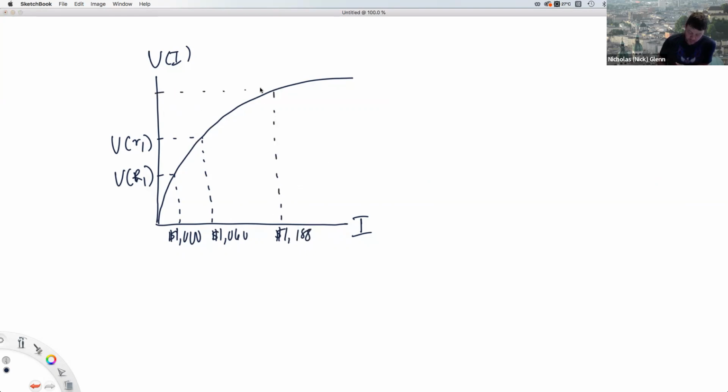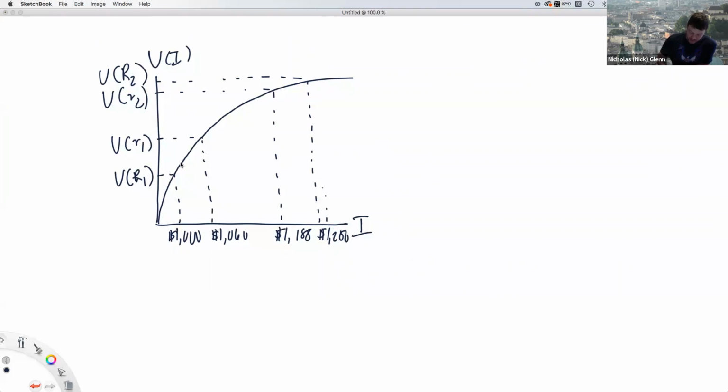Well, this is for people who deposit with the bank that are patient. They wait and withdraw their money at time period 2. This is what they get, 1,188. 1,250. Well, this is what people get if they invest directly with the investment and they let it fully mature. That's the return, big R2. All right, so why do these risk-averse individuals choose to use the bank?